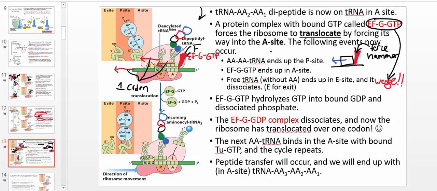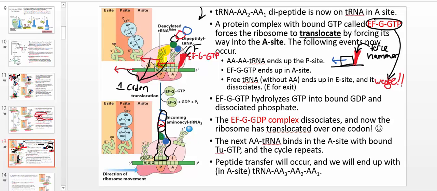So if everything migrates over one codon, what happens? Whatever is in the A site, this growing polypeptide chain attached to the tRNA, ends up in the P site. This whole growing peptide chain attached to the tRNA is now in the P site. And at the end of the last reaction, I had this free tRNA.